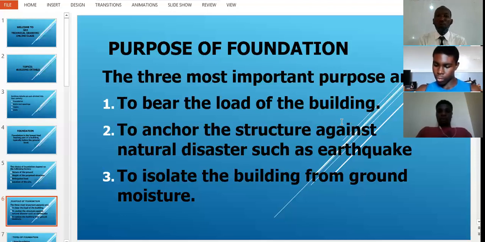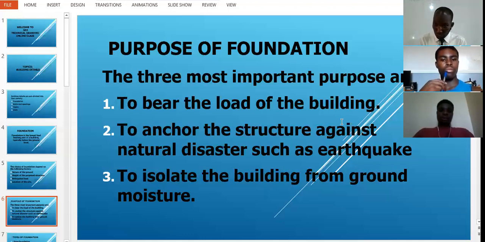The third purpose is to isolate the building from ground moisture. If you check some houses where the foundation is not properly done, or the right foundation is not chosen, you notice that the moisture penetrates into the house.